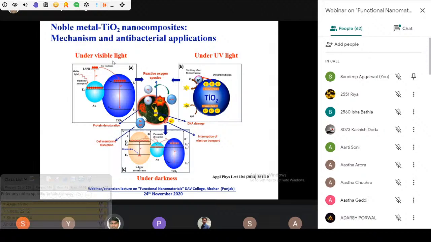But using noble metals or any other combination like graphene, or even gold, can be used without any irradiation, because of the SPR, the surface plasmon resonance, they provide some heating properties and they also kill the bacteria. These are a little bit deep research things, but if somebody is interested, they can learn about this.